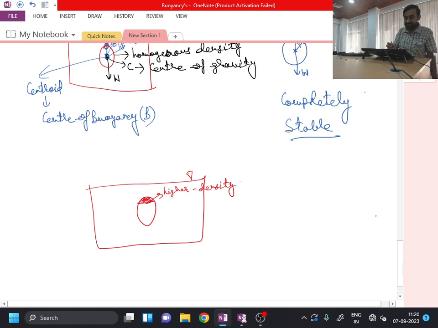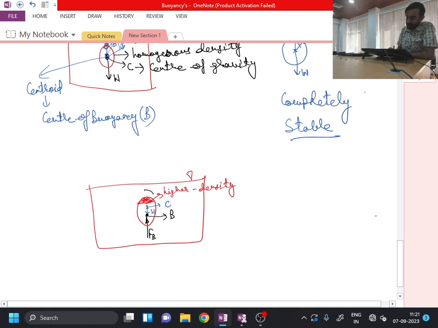In this situation, my center of gravity will be somewhere over here, where its weight acts in the downward direction. On the contrary, its geometric centroid, which is the center of buoyancy, this will be B, exactly at the centroid of the body, where my buoyancy force is acting.